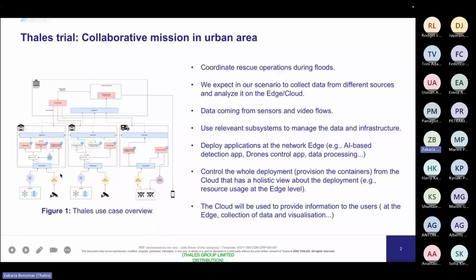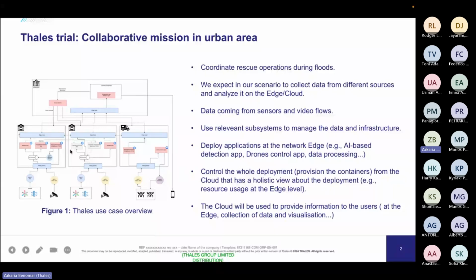So on the edge, as we can see here, we have sensors and cameras transferring data either to the cloud or the edge for better processing. We expect to have different sensors sending data to the edge and the cloud.